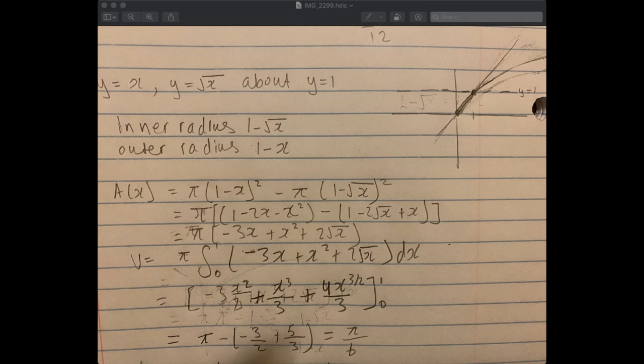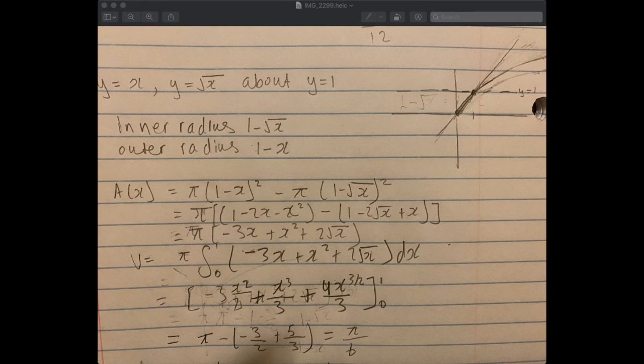Oh, you could make them equal to each other, or you could graph. If you make them equal to each other, how do you solve from there? So x equals radical x, and then you simplify, meaning you factor the equation, and then make it equal to 0, and then find the solutions, which are x equals 0 and x equals 1.